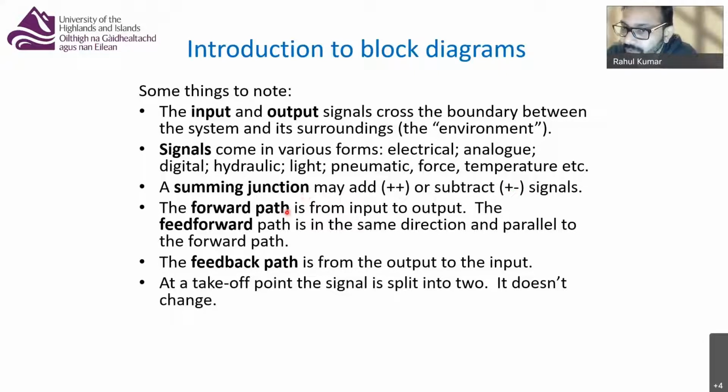And feed forward path is when you are going from the input side to the output side. So that path is called your forward path. And if you are moving in the backward direction, that is from output to the input, then it is called feedback path.